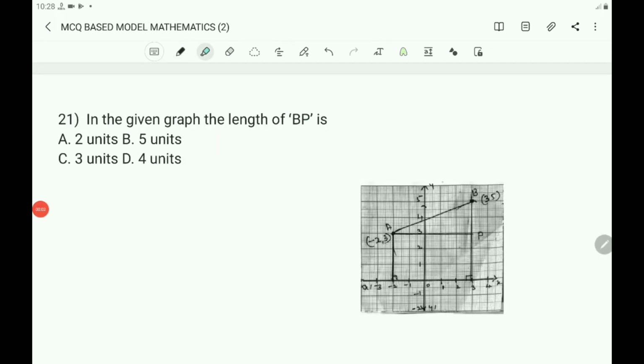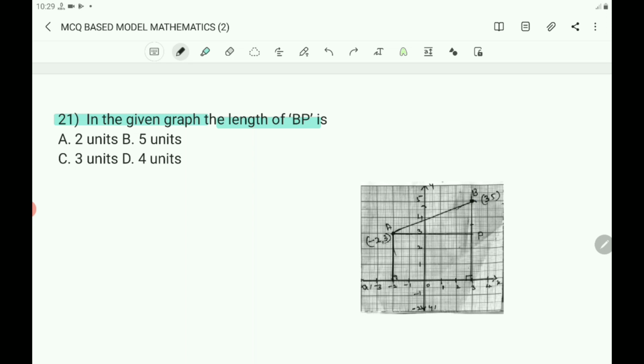Now the 21st question, question number 21. In the given graph, the length of BP is, here we have to find the length of BP. And how will you get the length of BP? It is very simple. If you see the graph, here we have taken 1 centimeter equals 1 unit.